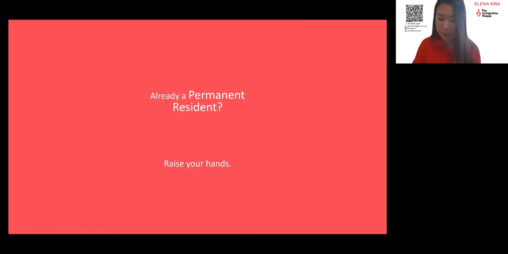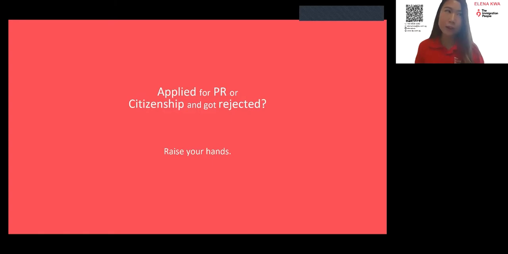Okay, and let us take a look at how many PRs are here today. Any PRs? Please have a show of hands. Well, the number is increasing. I can see quite a handful of you are on PRs today as well. Fantastic. And next question, how many of you have actually applied for PR or citizenship before? Filed an application to the Immigration and Checkpoints Authority to upgrade your pass status here.